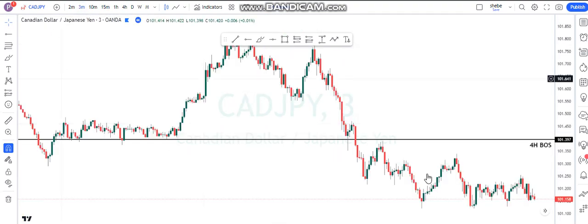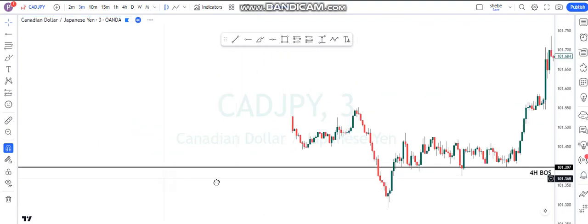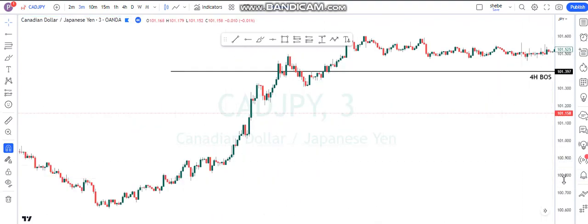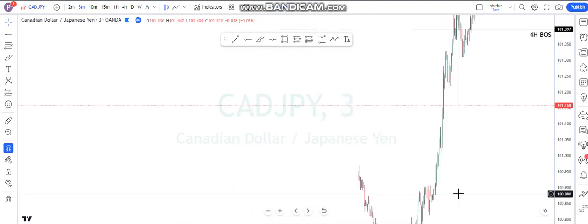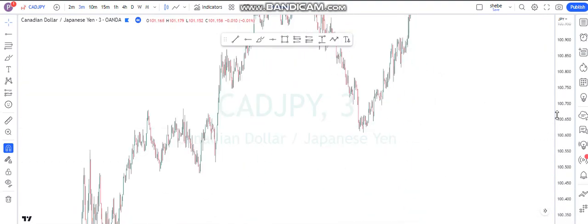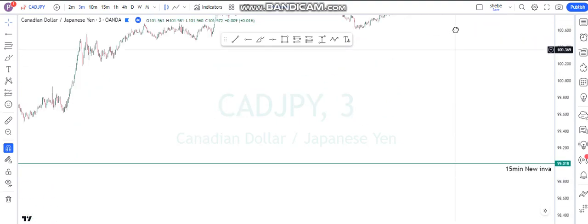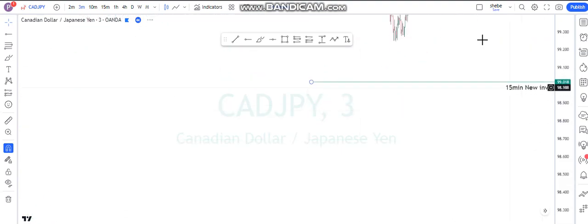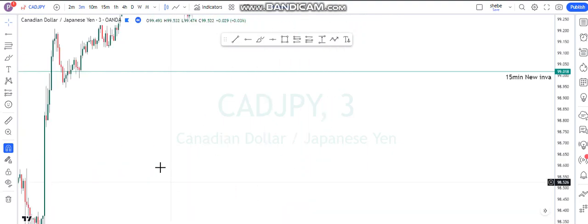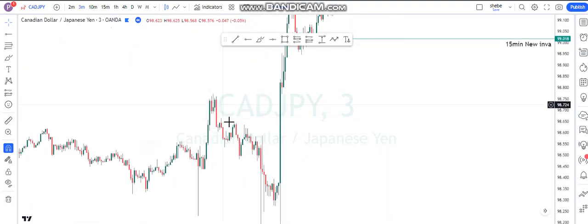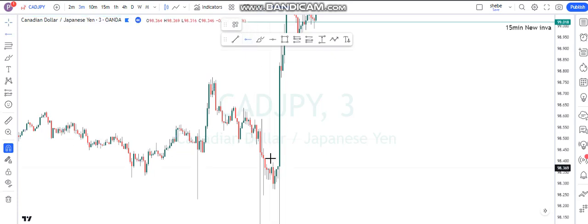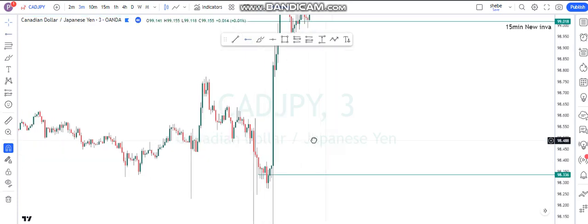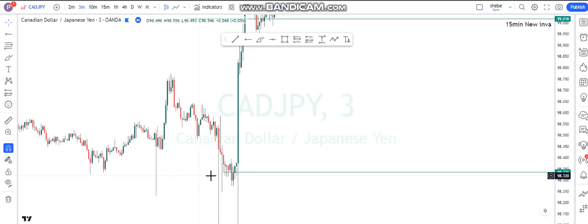We just went in 3 minutes time frame and find for that 3 minutes invalidation point below 15 minutes new invalidation point. And if you come out close, this was the highest point. Due to that, this one will become our point around here. But when the price went up, it did not come back.